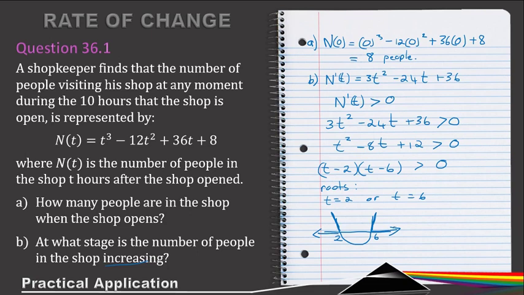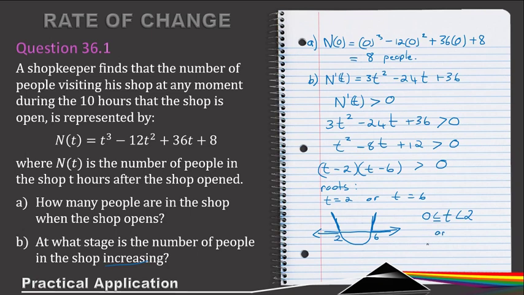greater than 6. In other words, if the shop's open only for 10 hours, then the number of people is increasing from 0 up until the second hour, but not equal to 2, because the inequality just says greater than 0. At 2, it's actually stable.